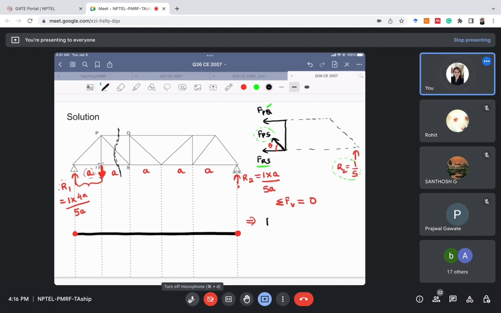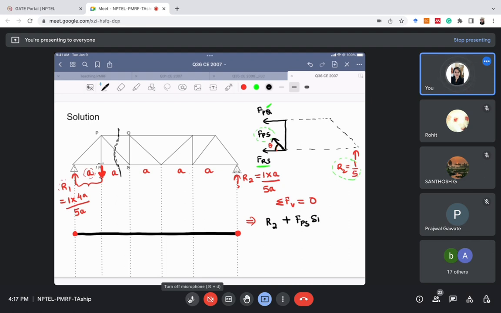So we'll write R2. R2 is upward, so let's consider upward as positive: R2 plus FPS, which is also upward. What is the vertical component of FPS? Sine theta, because we have considered this angle as theta.